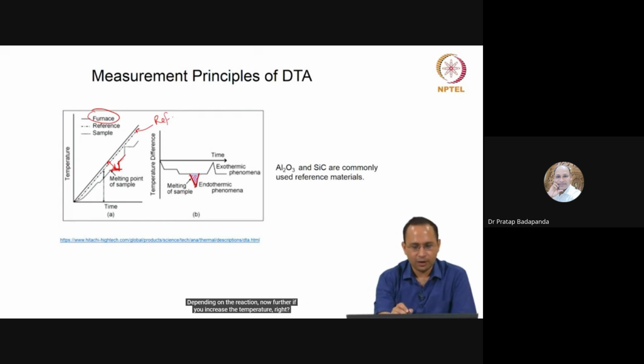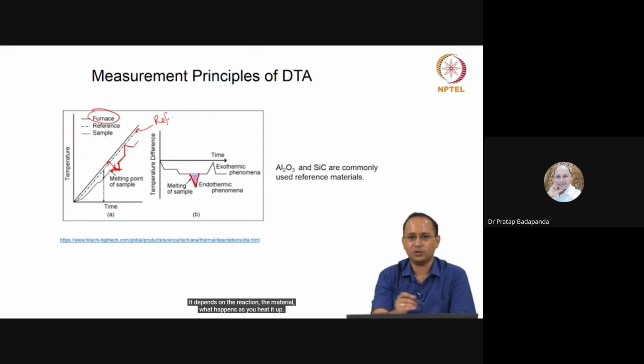Depending on the reaction, if you further increase the temperature, now you are here. In this case you see something different, the temperature difference is decreasing. It depends on the temperature where you are. Exothermic means you will release heat. When you release heat, the temperature difference will reduce.